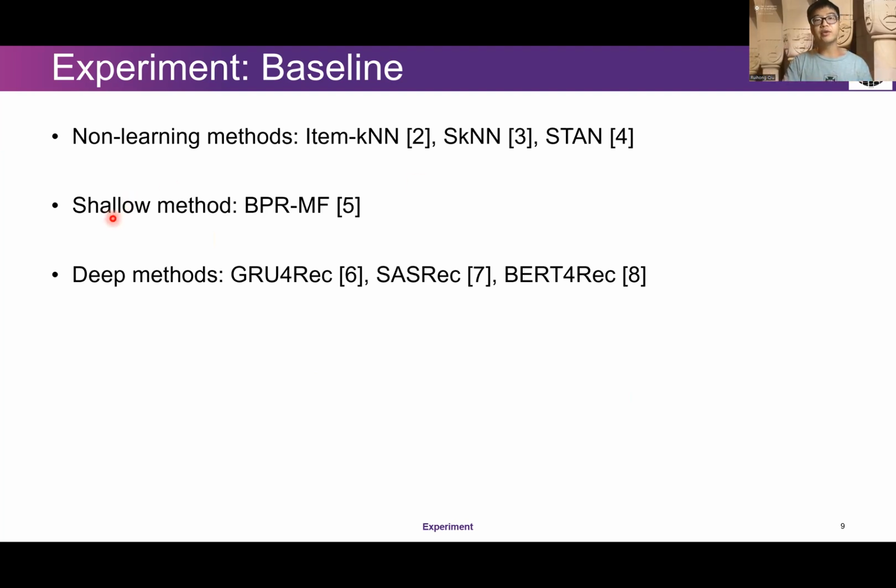We also take the shallow methods, BPR and matrix factorization, and some classic and typical advanced deep learning methods, for example, GRU4Rec using GRU, SASRec using self-attention, and BERT4Rec using the BERT model to train sequential recommendation.